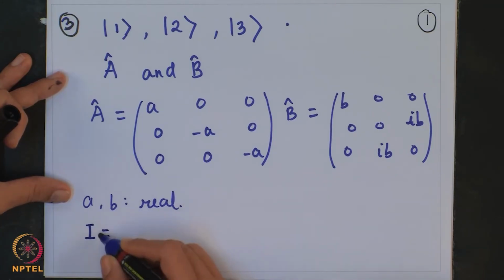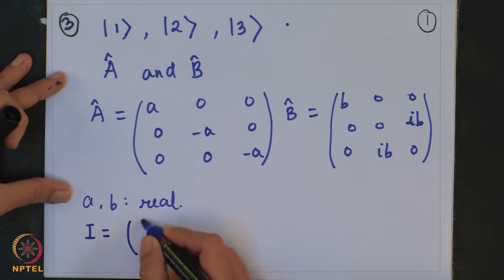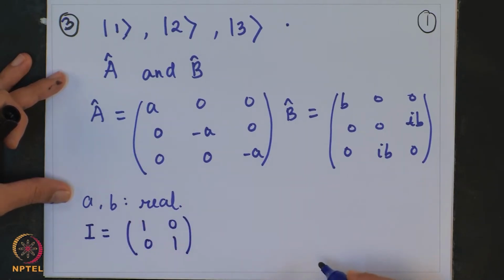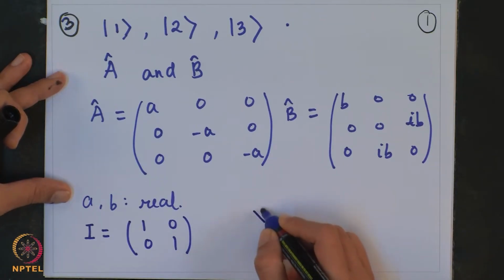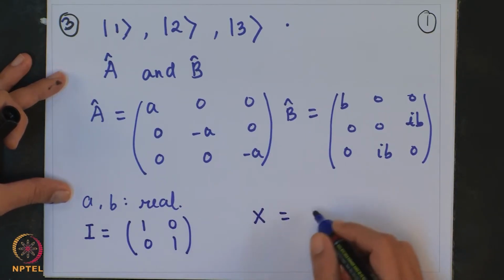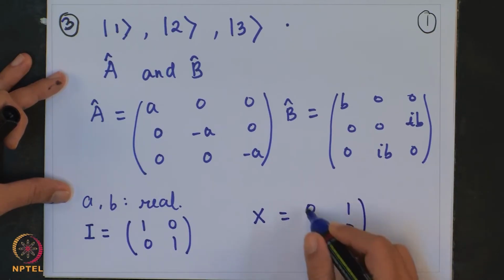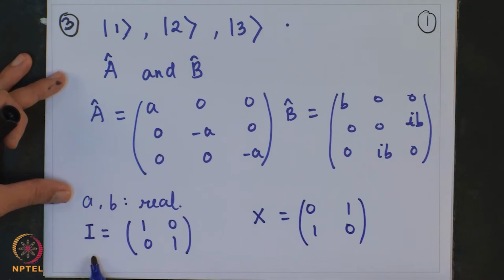let me define something. We always represent I as the identity operator, and let me call this X, some 0 1 1 0. This is an identity operator.